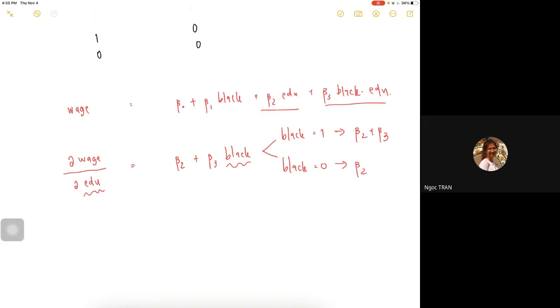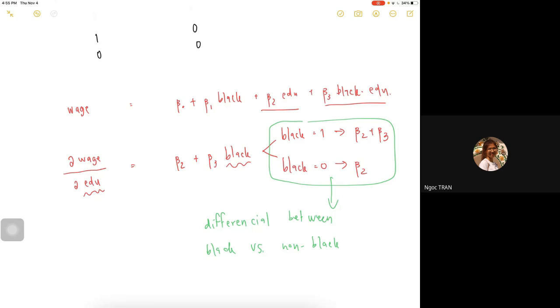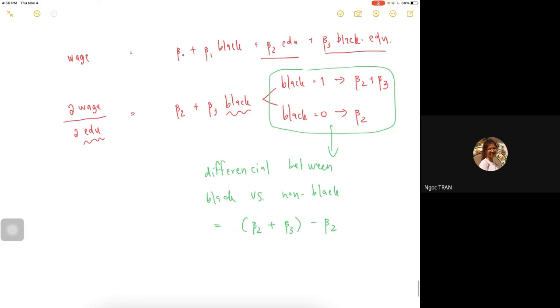And from here, you will see that the differential between black and non-black people is equal to beta 2 plus beta 3 minus beta 2, right? This is equal to just beta 3.